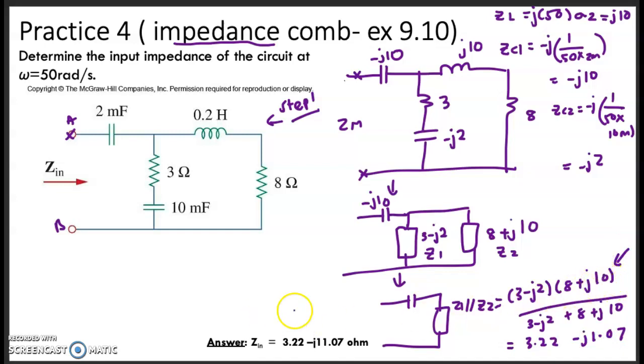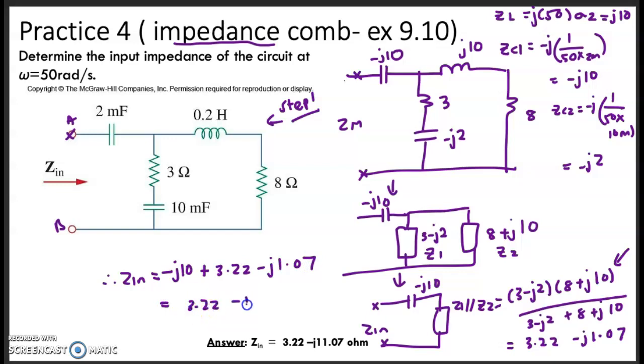Okay, and finally, what is the equivalent resistance looking from here? This is minus J10, and this component is in series, right? So you just add together minus J10 plus 3.22 minus J1.07, and finally you can get 3.22 minus J11.07.